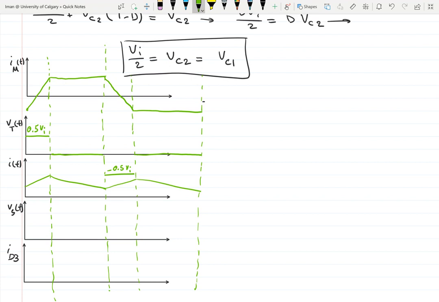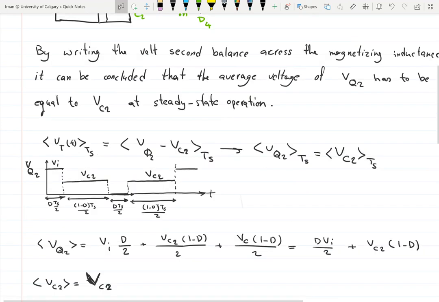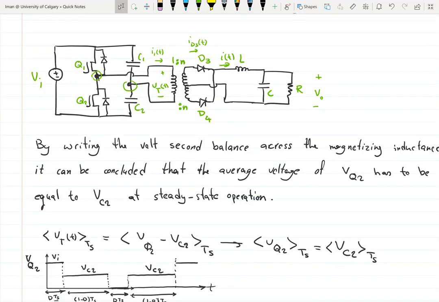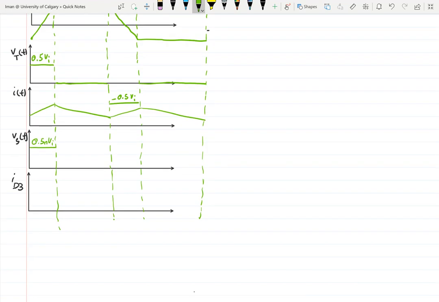And then Vs, which is 0.5 N VI, because we have 0.5 of VI here, so with the transformer ratio N times that value that we had at V of t as the transformer voltage.